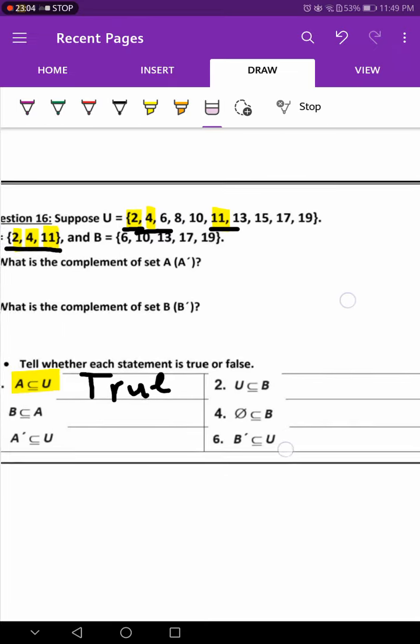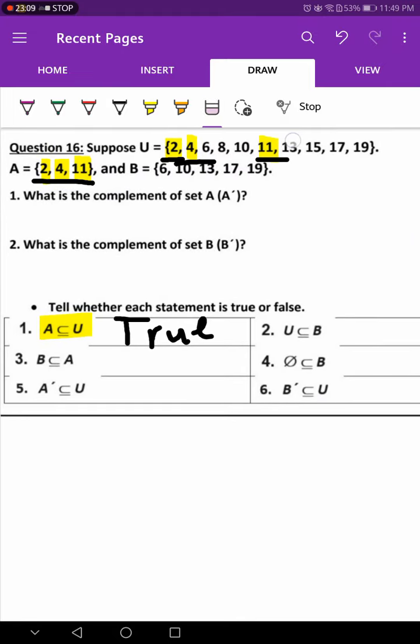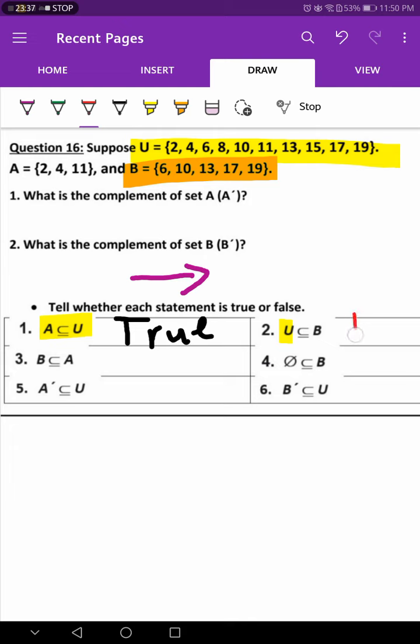Now number 2. How do we read it? You start from the left. Is U a subset of B? U is the biggest set and B is small compared to U. So it is clearly false.